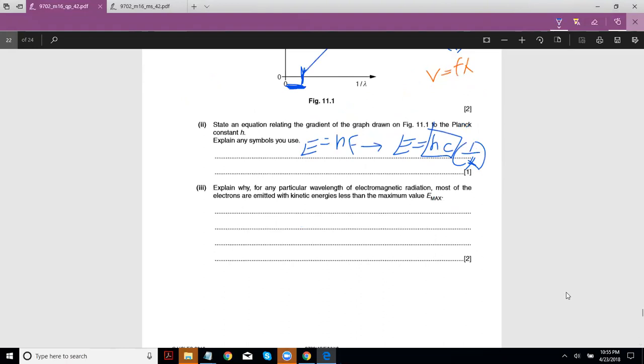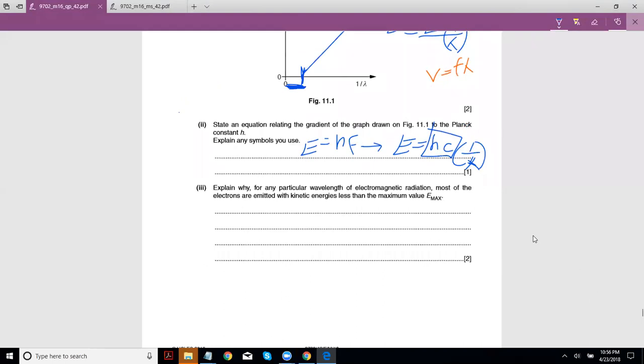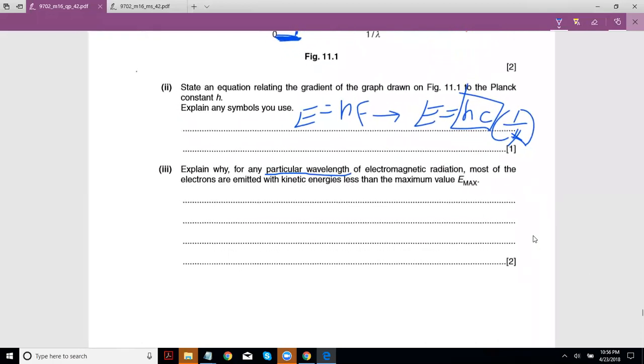For a particular wavelength, we're not varying the wavelength, but we're saying most kinetic energies are less than the maximum value.